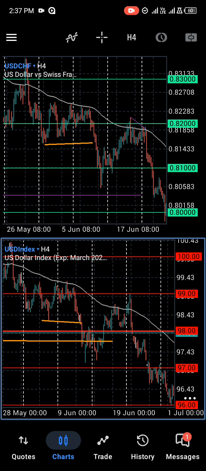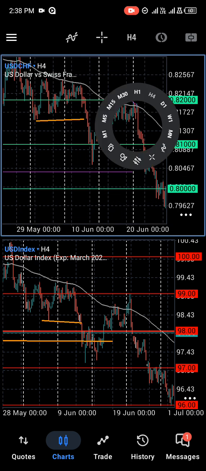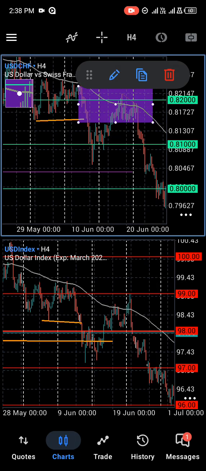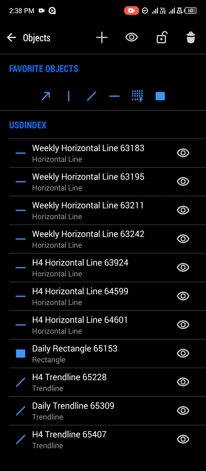So whenever the DXY goes to the downside, that means that the CHF is stronger than the dollar. But when the DXY goes to the upside, that means that the USD is stronger than the CHF. So we can see that we had this order block sitting here. After breaking structure to the downside, we had this order block sitting there for the order block traders, and also on the DXY you had that order block sitting there.